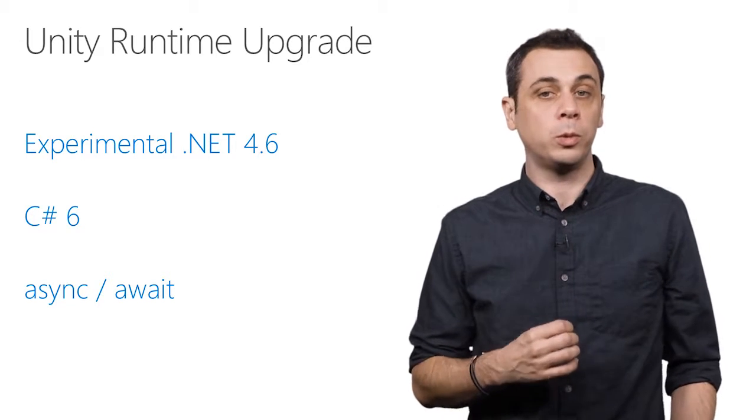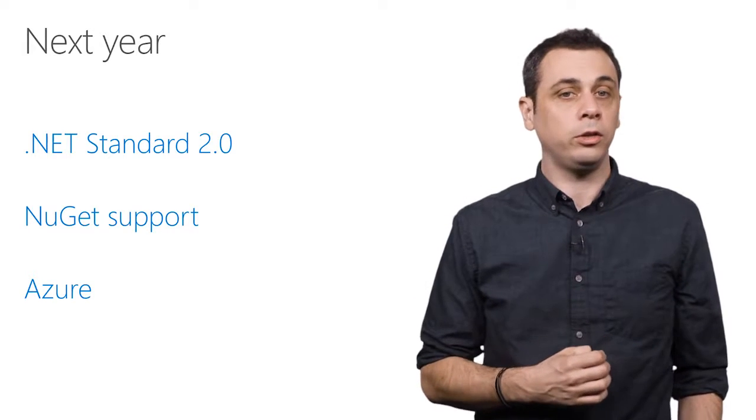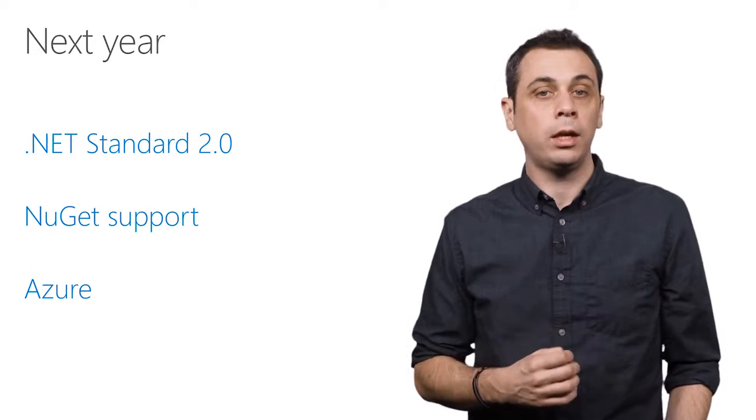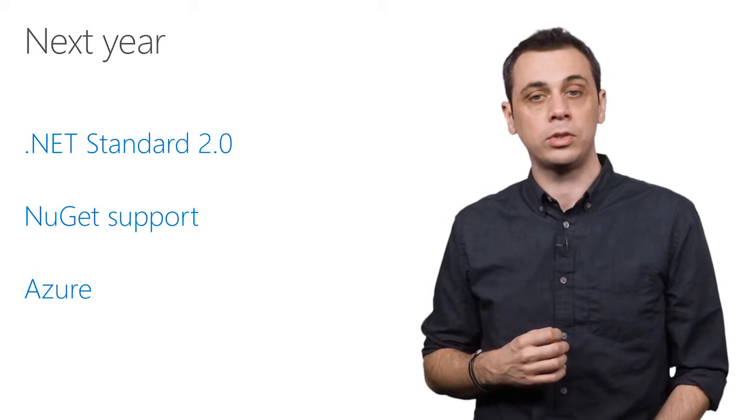Let's catch a glimpse of what we're working on for the next year. Unity is working on adding support for the .NET Standard 2.0. This means that next year, you'll be able to use and share libraries written for diverse platforms like Xamarin, .NET Core, or the .NET Desktop with your Unity games.